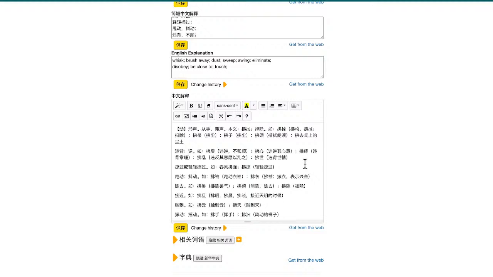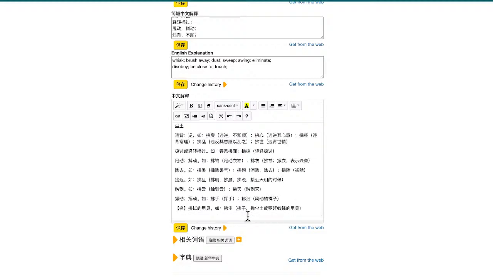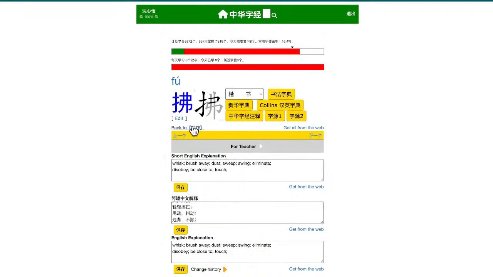Also it has the meaning of getting close to, getting in touch with, like 拂晓、拂旦. What does it mean? 拂晓 means get close to the morning, get close to the dawn. 拂晓. That's the basic meaning.